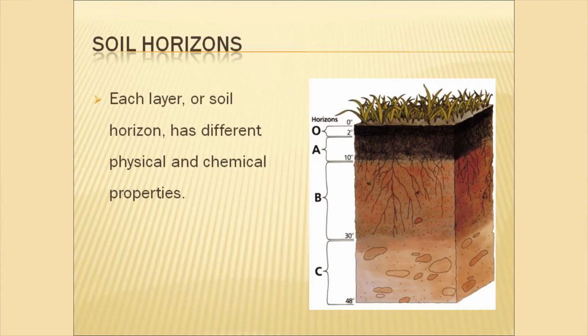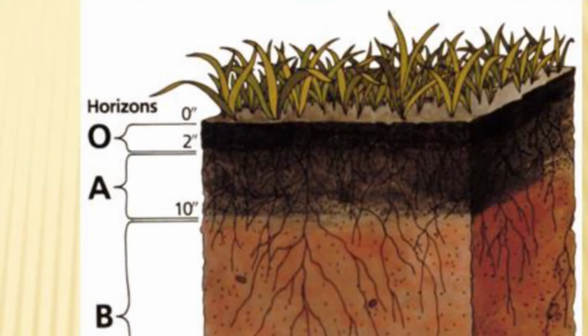Now, each layer or soil horizon has different physical and chemical properties in terms of its makeup. The feel of it is different as it gets more compact going from the A horizon down to the C horizon. The O horizon is just about 2 inches thick, and that is where most of the organic matter consisting of the soil nutrients will form.